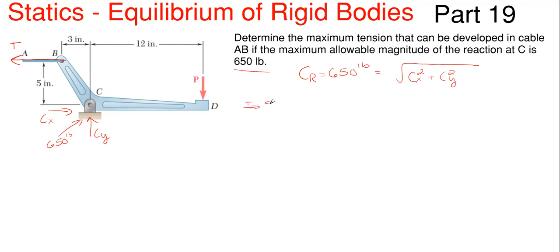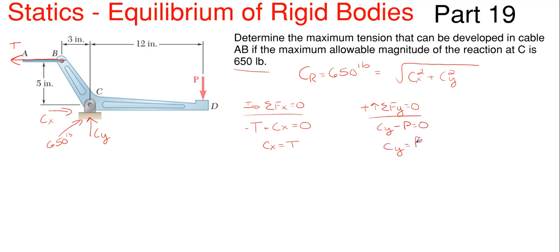Well, if we sum forces in the X and Y direction, since we're going to have equilibrium here, we would have our negative tension force plus our C sub X equal to 0. So what that means is that C sub X is actually equal to the tension force in the cable. And if we repeat the process for the Y direction by summing forces, everything being equal to 0 in the vertical direction, we would have C sub Y minus P is equal to 0.